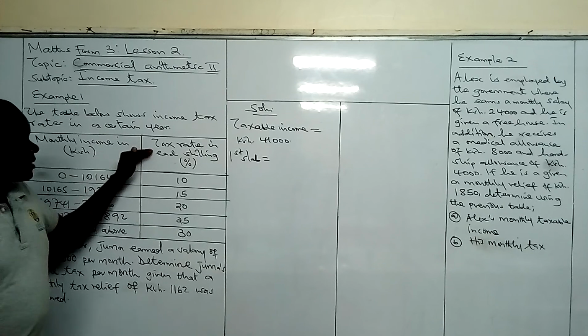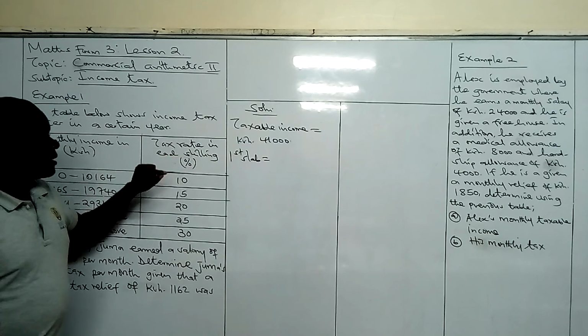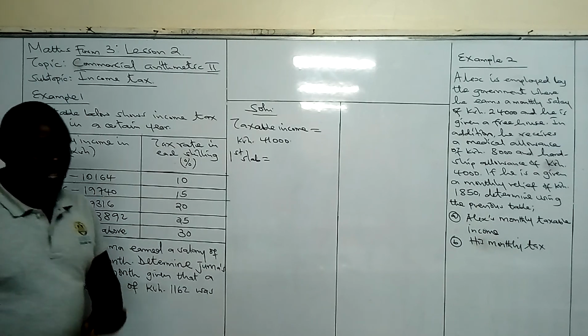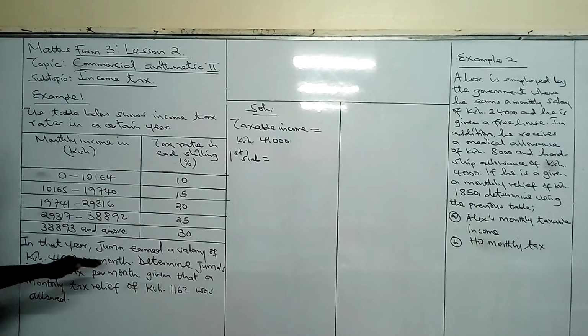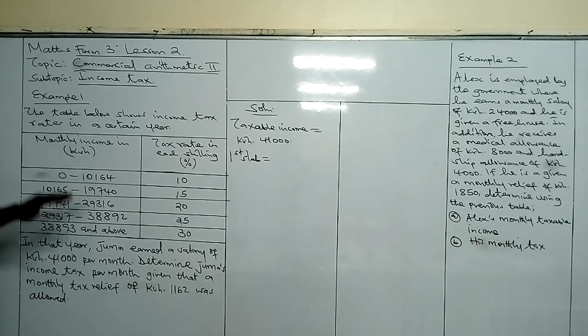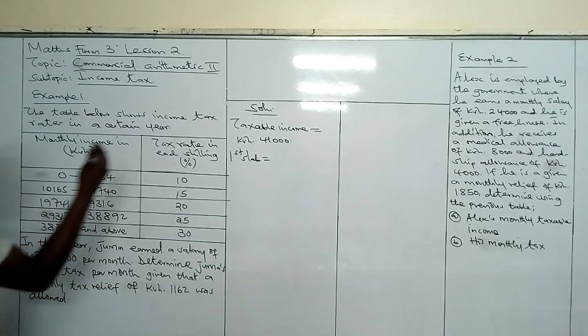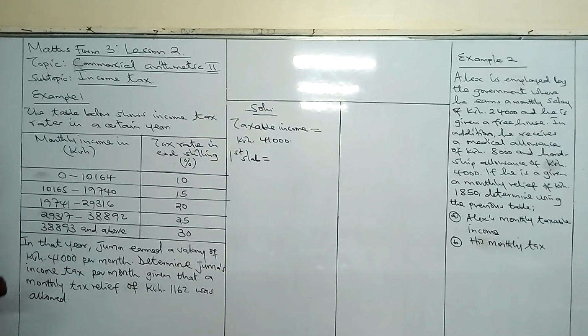The tax rate is given as a percentage in each particular 1 shilling. And the amount of basic salary that we have been given is per month. Therefore, it means this particular taxable income that we have here directly feeds this particular table.